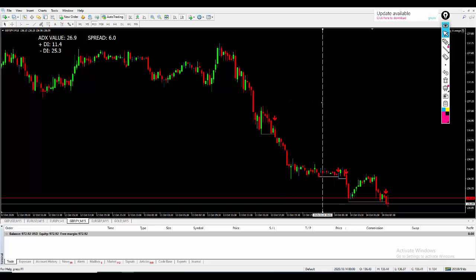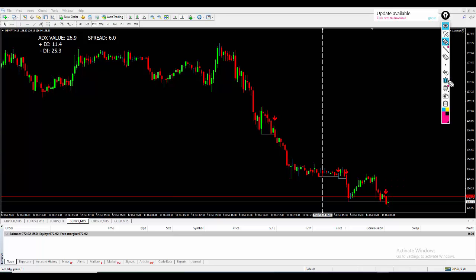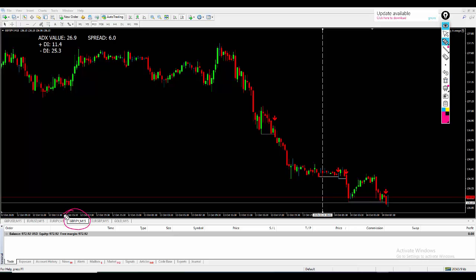This is midnight of today, and we can see that we already have about 1, 2, and 3 signals. As at the time I'm talking to you now, I'm on this third signal, which is telling me to sell on pounds JPY.